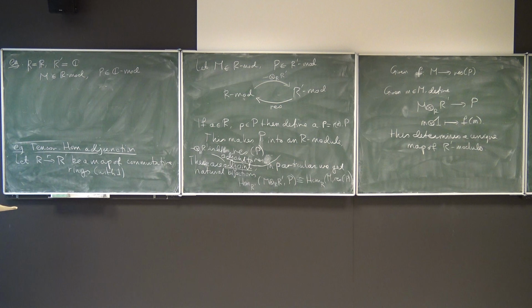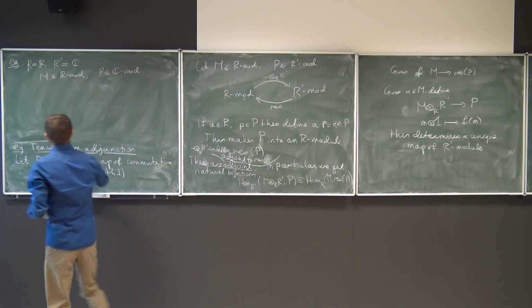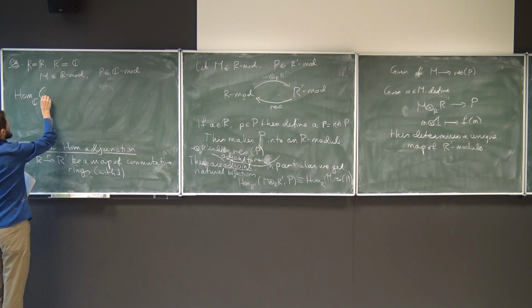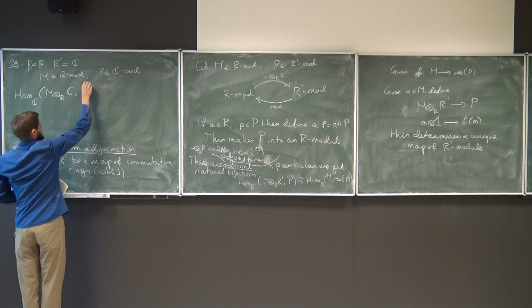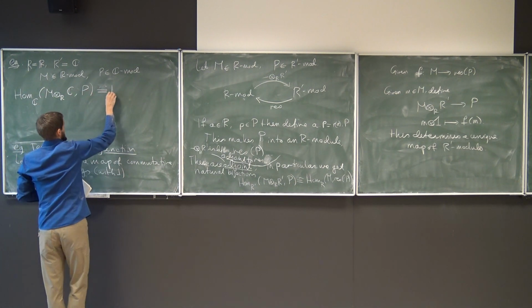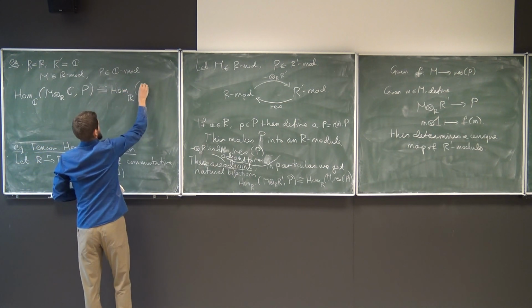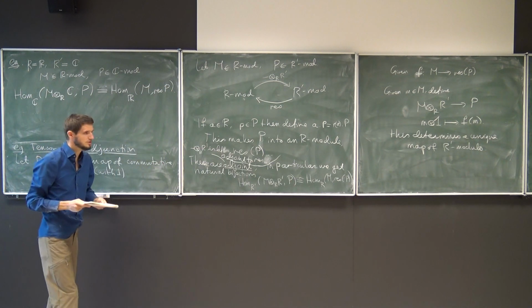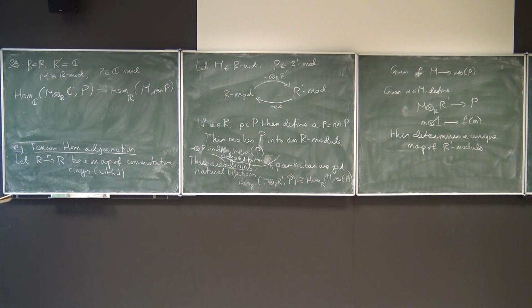So for example, let's get back to our example. We have the real and complex numbers, an R vector space and a C vector space. What is this saying? This is saying that to give a map of C vector spaces from the complexification of a real vector space M to a complex vector space P is the same thing as to give a map of real vector spaces from M to this complex vector space P viewed as an R module, with the natural R module structure.